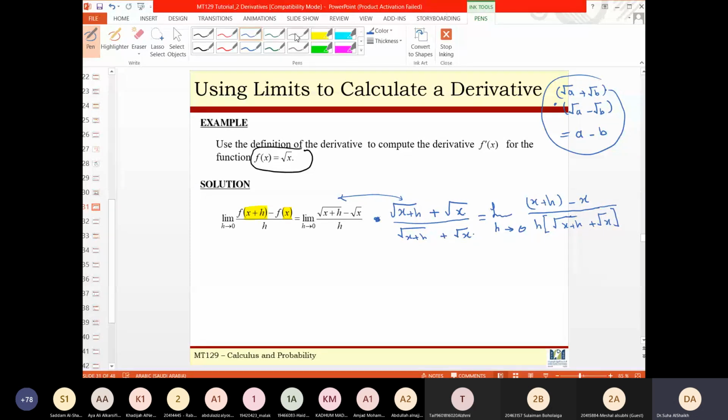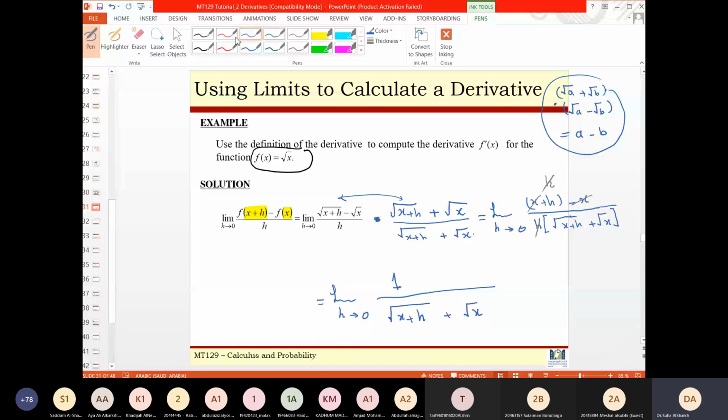And I start to see the cancellation. I did this because I want to cancel stuff. X will cancel this x. I remain with h and I have h at the bottom, so it is cancelled here. We end up with the limit h goes to 0 of 1, everything cancelled, divided by the root of x plus h plus the root of x.